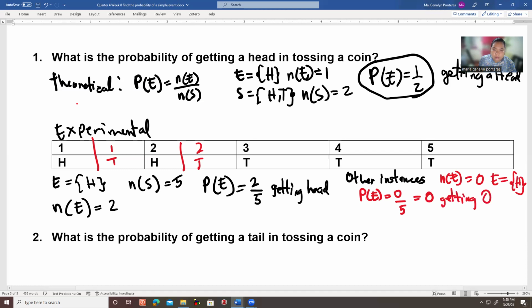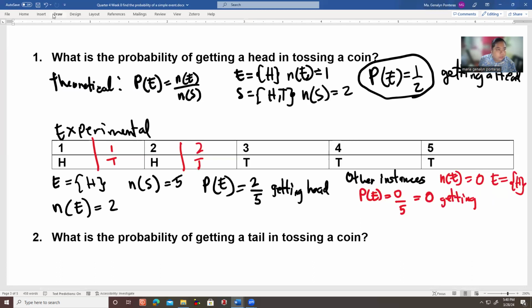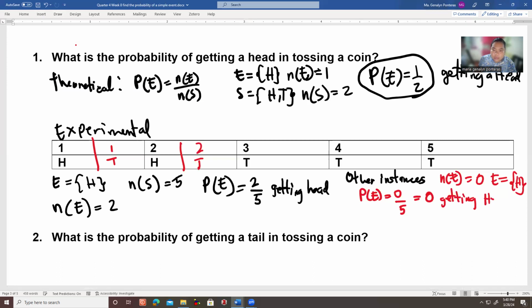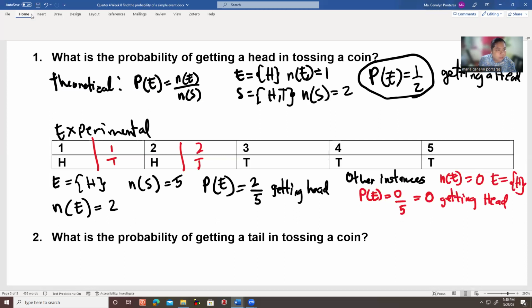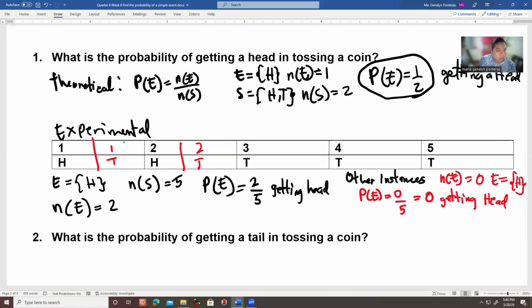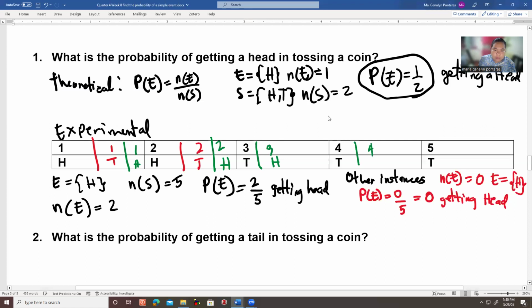There are instances also that all of the results are head. Let's use another color. In another trial, you can see one head, two head, three head, four head, and five head.